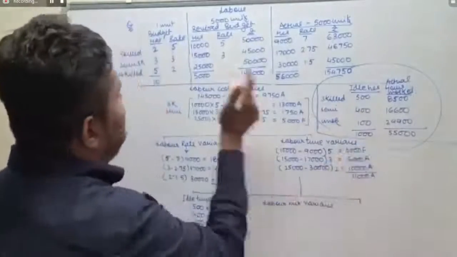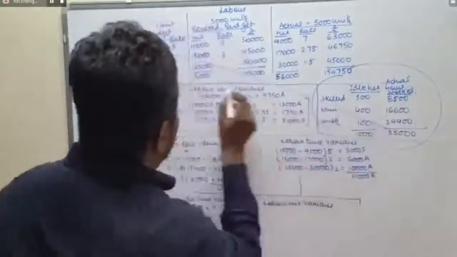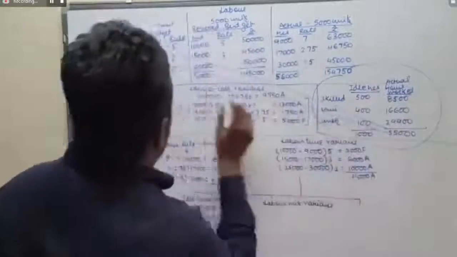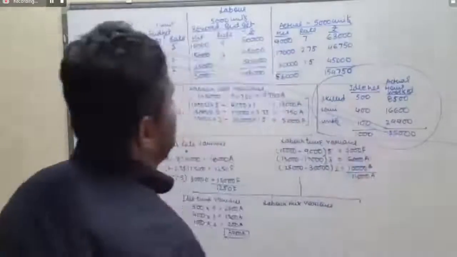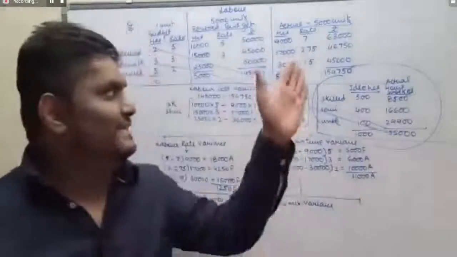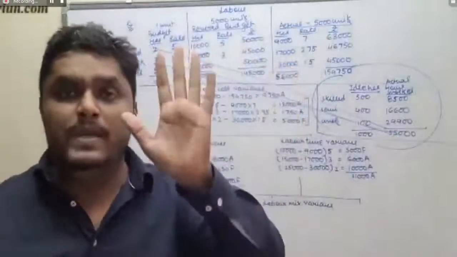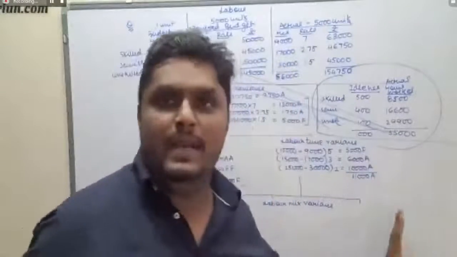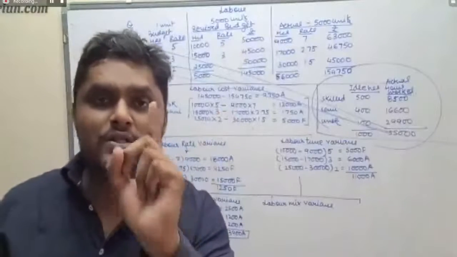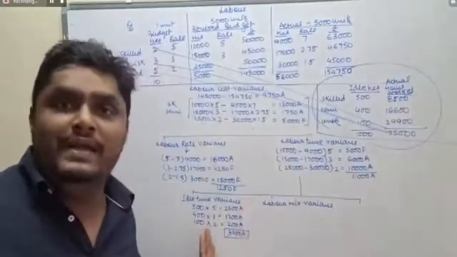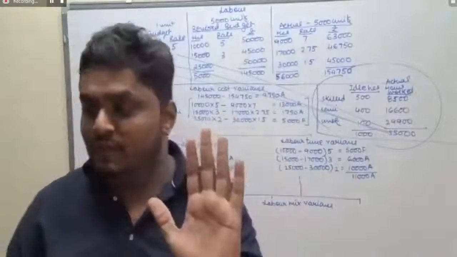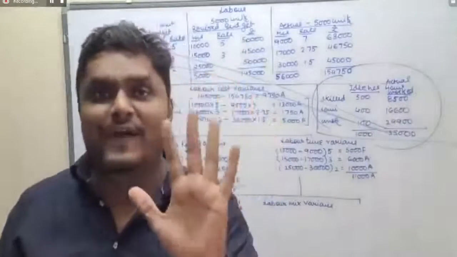So what should be the actual mix? 2:3:5 for 50,000 hours. I repeat again, instead of 56,000 hours, we'll be using 55,000 hours for the remaining part, because the 1,000 hours difference is already eliminated in labor idle time variance. So we are left with a difference of only 5,000 hours.